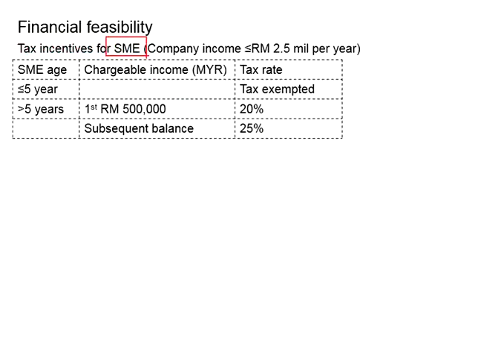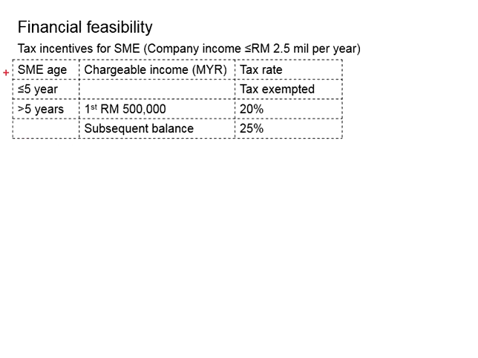SME stands for small and medium enterprise, where the company income will be less than 2.5 million per year. Now you will need to check your project against this number to see if your company is eligible for the tax incentive. This is a government policy to encourage the small and medium enterprise to compete in the market.